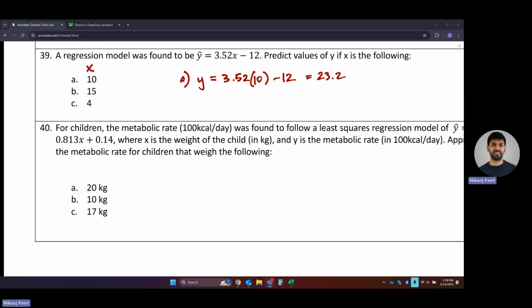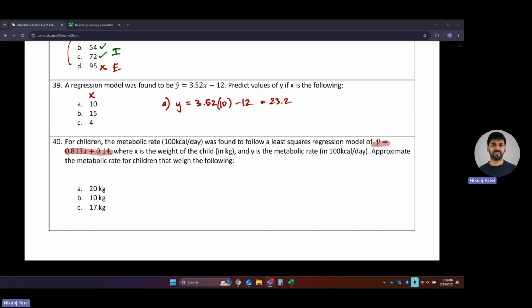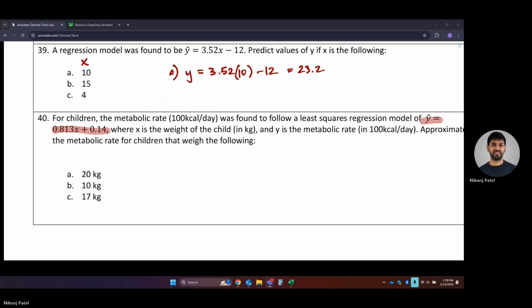Number 40, also same idea. It gives you your regression model right there. It's kind of overlapped onto two lines, y equals. And we're doing the same thing here. Take your x values and plug them in.